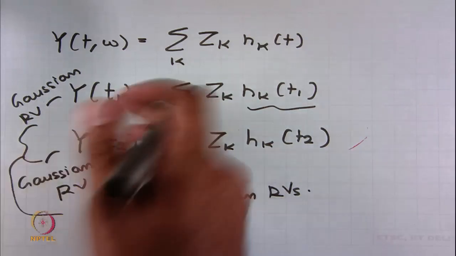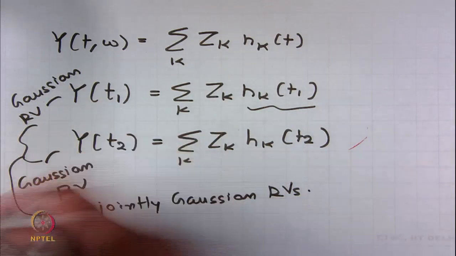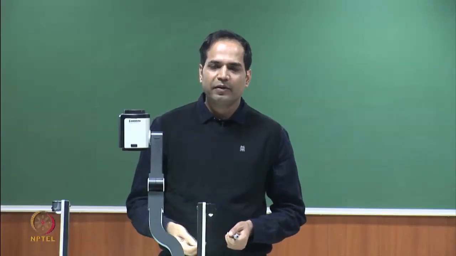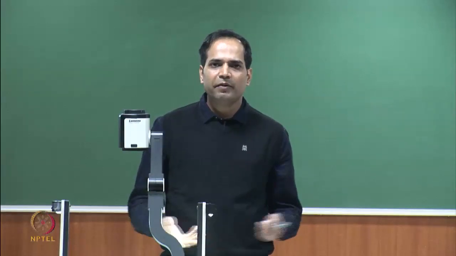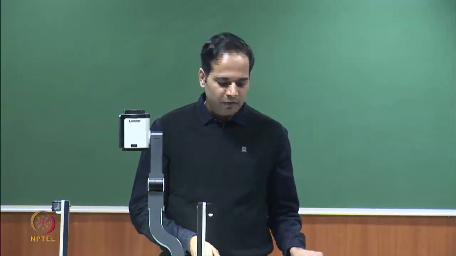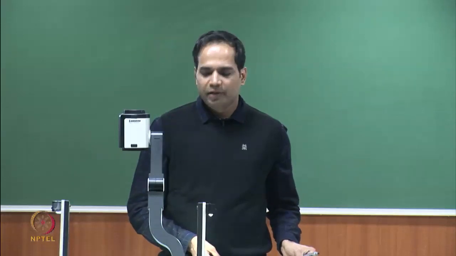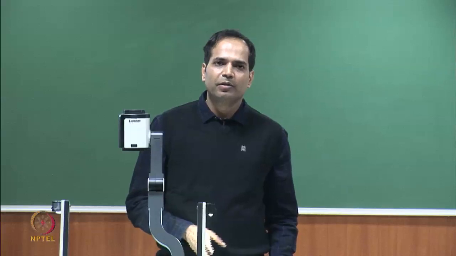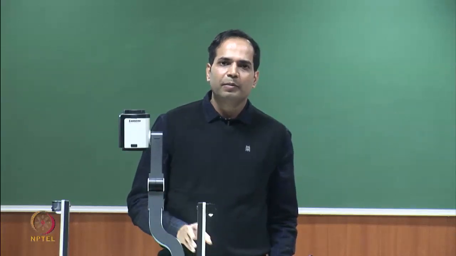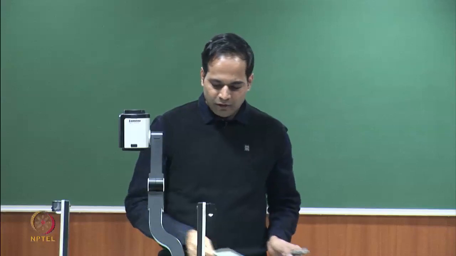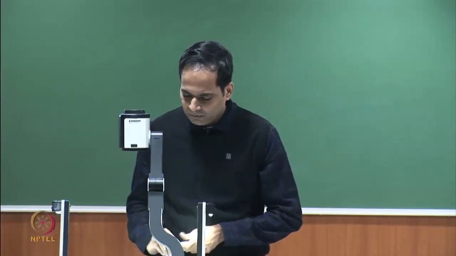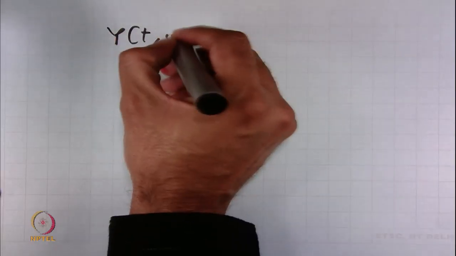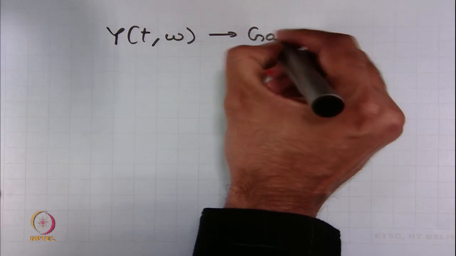Similarly, you can do it for any samples, and you would see that the random variable created by looking at this process at a specific time instance would be different linear combinations of the common underlying set of independent Gaussian random variables, and thus every sample created by looking at this process will be jointly Gaussian random variables, and hence you can conclude that y of t, omega, is a Gaussian process.